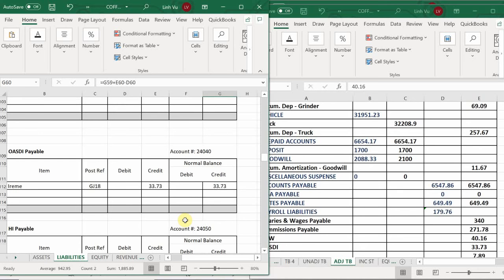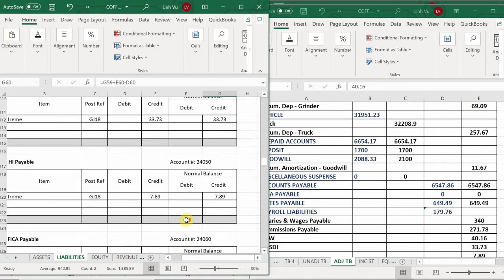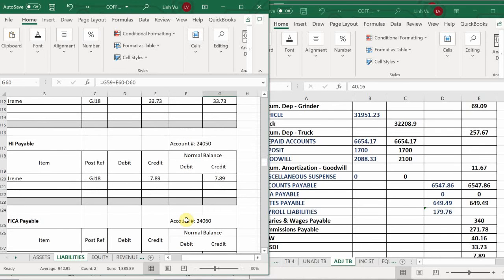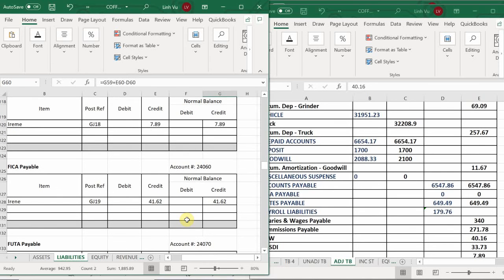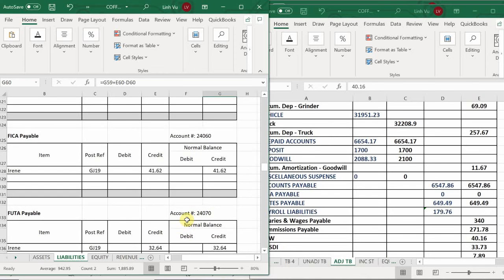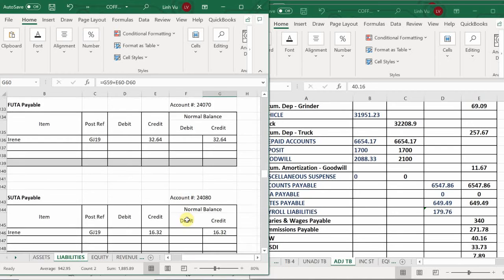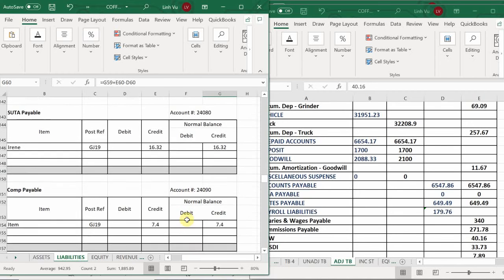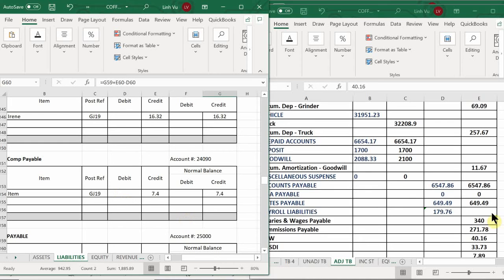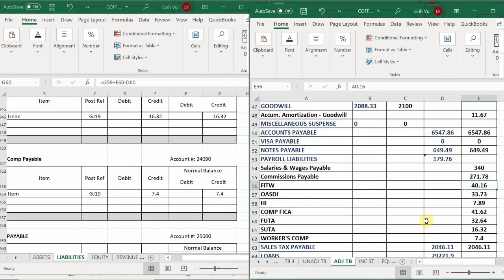Social Security is still 33.73. Medicare is still $7.89. FICA is 41.62. 32.64 for FUTA, SUTA 16.32. Workers' compensation is still $7.40. Okay, so all of those.